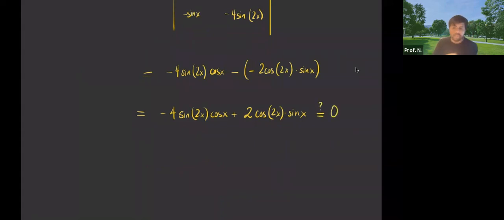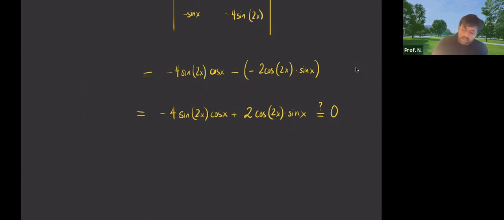Or does it never equal 0? If it never equals 0, then they're linearly independent. If there's at least one x value that makes this equal to 0, then they're linearly dependent. So it looks like we may have to use some trig identities here to see if we can simplify things a bit more.